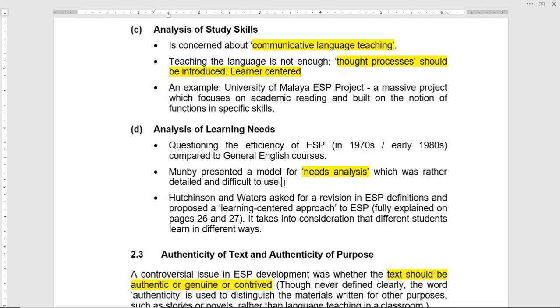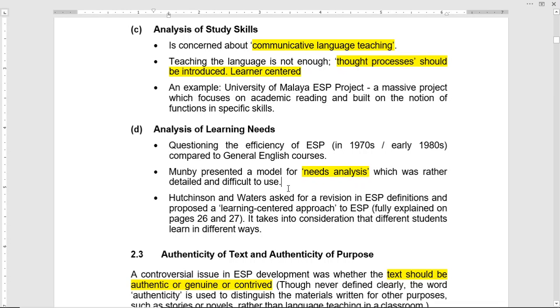So, analysis of learning needs. It has to be a detailed one to know the learner in a learner-centered approach. Know your learner, what their needs are. Based on that, you do the academic English as part of English for specific purposes.